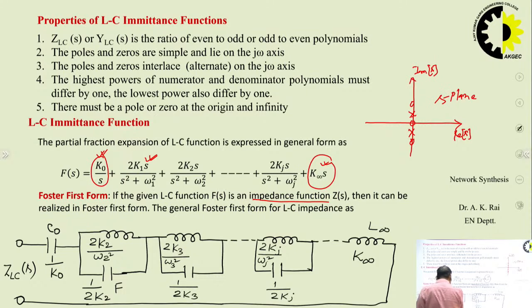So this is the general structure of LC impedance function, because we are discussing the Foster first. So we are talking about the impedance and admittance. So this is the general structure of your LC impedance function. So clear.